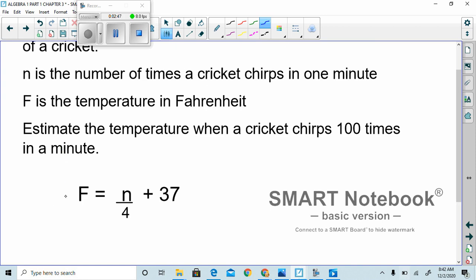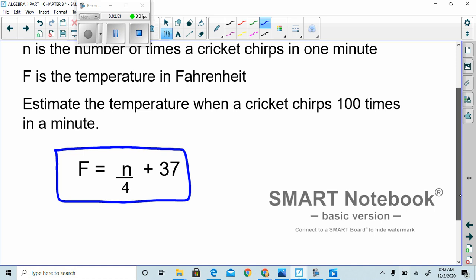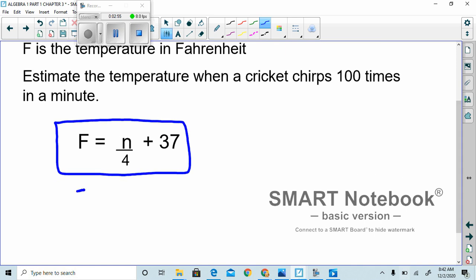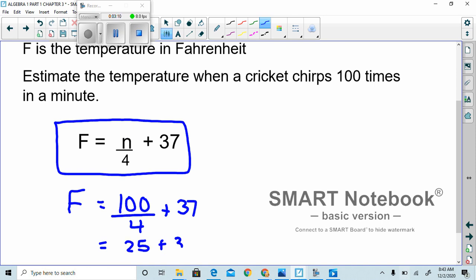So this is what's given. We're given a formula, we're given some information, and we're asked to find something else. So I'm looking for degrees Fahrenheit. I know that the amount of chirps in 1 minute, which is N, is 100. What will I do to get that? Here's the rule. Divide by 4 and add 37.